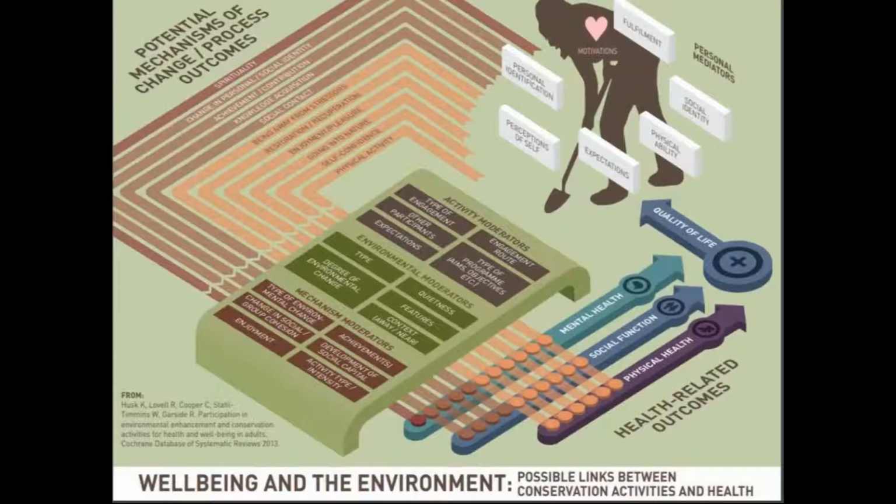And here is the conceptual framework, which was developed by my colleagues Ruth, Becca and Karen when they worked on a previous systematic review. This pathway looks quite complex, I'm sorry, and I can't dwell on it too long, but it conceptualizes a range of pathways through which health and well-being impacts may come through environmental activities.